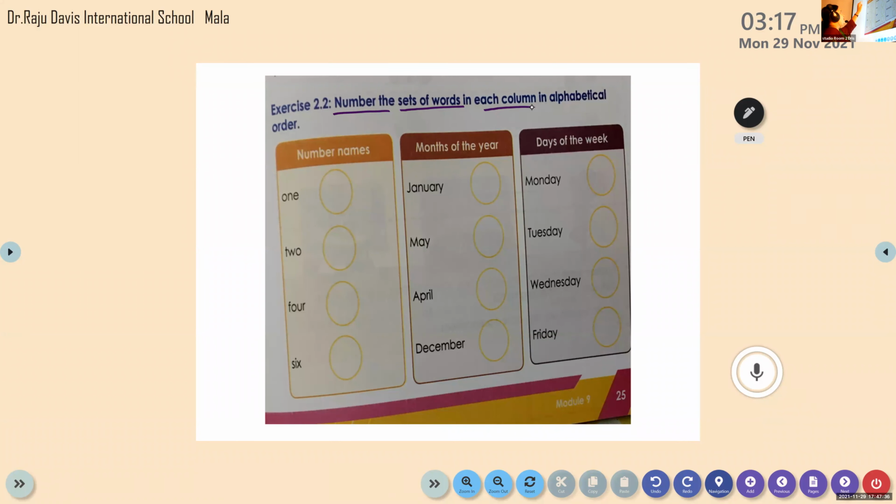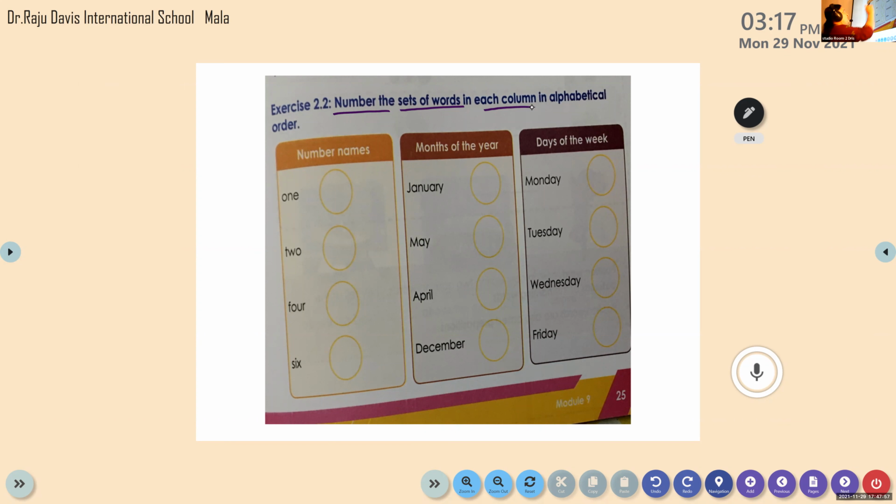In the first column, we have number names. Second column, we have months of the year. And the third column, we have days of the week. Now, we know the order of the number names. Are we supposed to give importance to that order here?